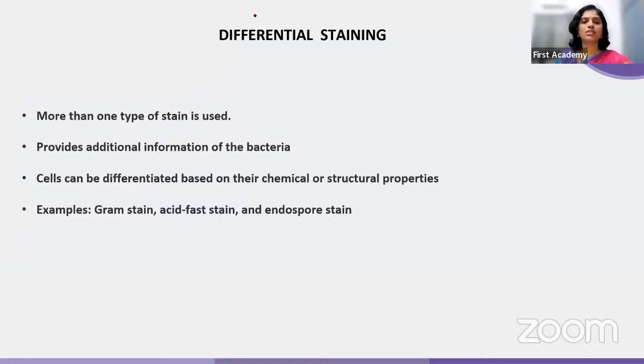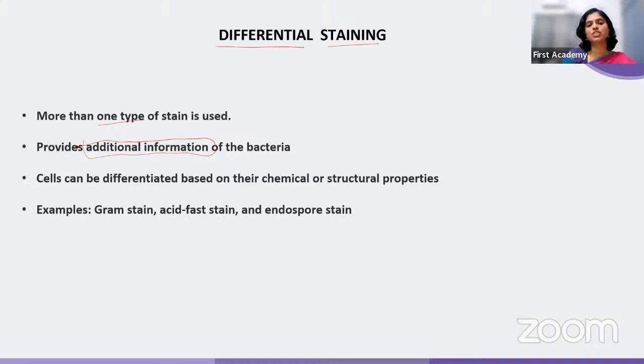A very important advanced method of staining that is prominently used in all diagnostic laboratories and for research purposes is called differential staining. Now, the difference here is that in differential staining, you will use more than one type of stain. And the additional information about the bacteria, other than its cell size and shape, you will be able to get from a differential staining.